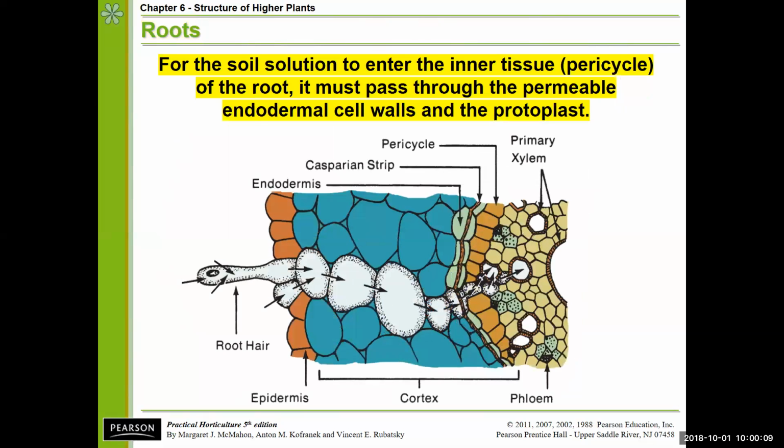I do want you to know, though, that in order for water in the soil solution that carries nutrients into the roots, it has to pass through cell walls, and it's really fascinating how that happens. The plant creates these root hairs, and that makes some semi-permeable cell walls that will allow water to travel in it. It's one of those things that's cool. It's the miracle of life, right?